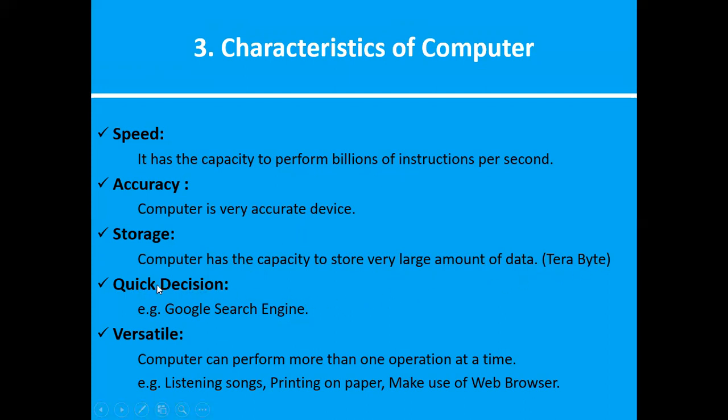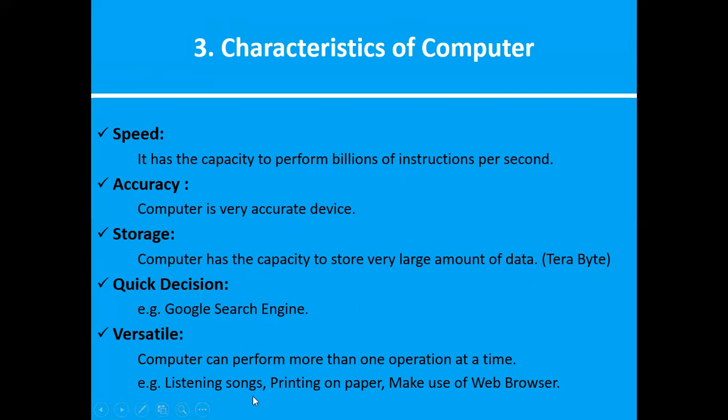And in terms of quick decision, we can take the example of the Google search engine. So here we can find the resources at any time. So here we can take decisions very quickly. Next one, versatile. A computer can perform more than one operation at a time.